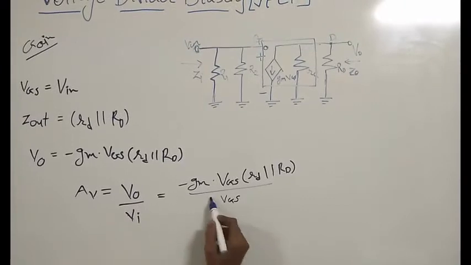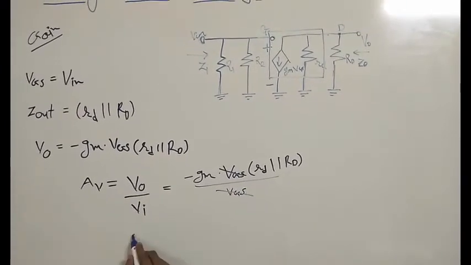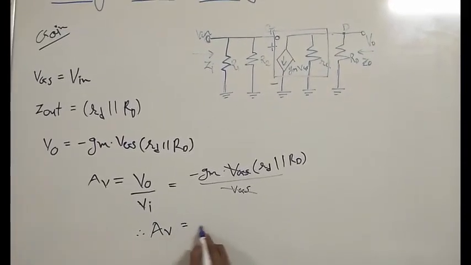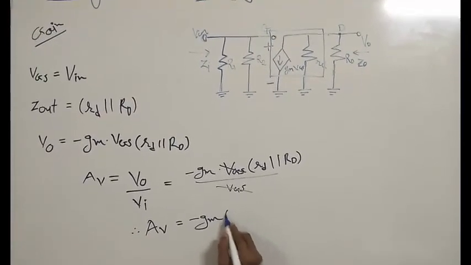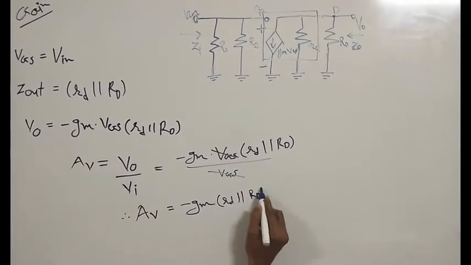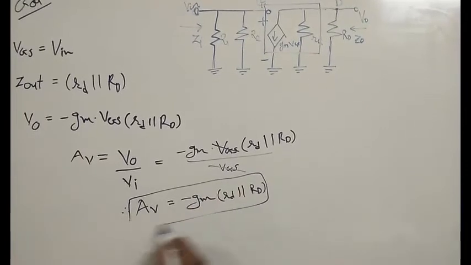Here VGS, VGS cancel. So finally, gain is equal to minus Gm into small rd parallel with capital RD. This is the gain.